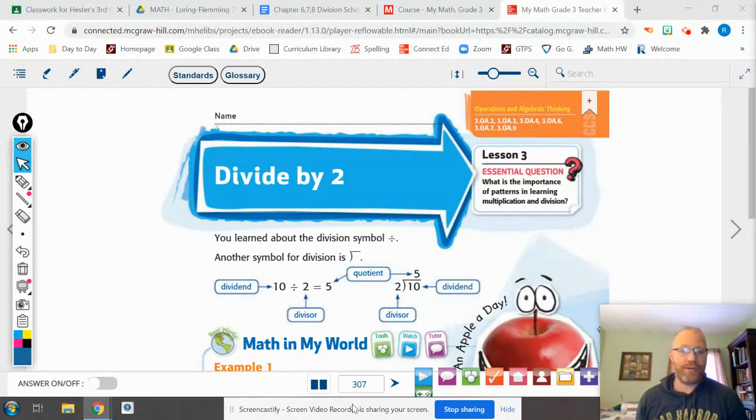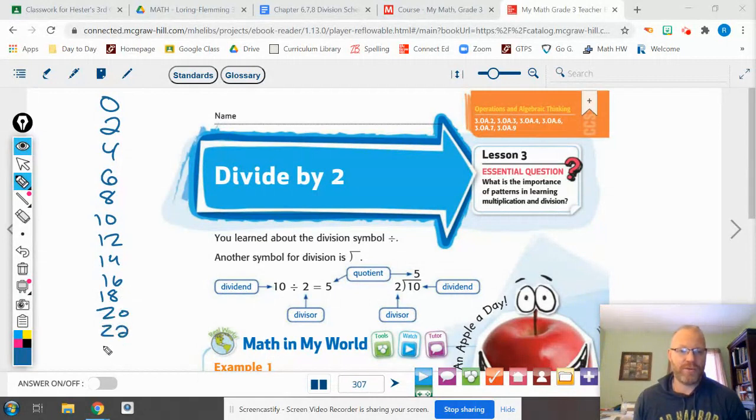And the reason that we start with the 2's is because the 2's are something that most of us are very good masters of. So when we count by 2, 0, 2, 4, 6, 8, 10, 12, 14, 16, 18, 20, 22, 24. So 24, and that goes all the way from 0 to 12.